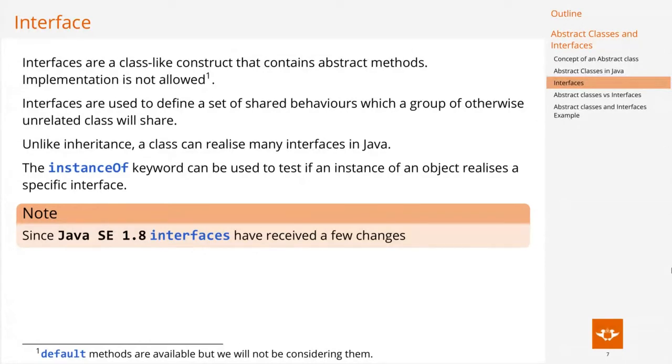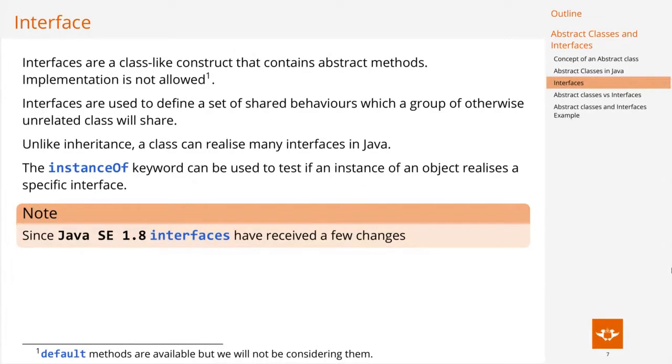So interfaces, you can have more than one. Parent class, you can only have one. Interfaces, you can realize, that's the word that we use when we talk about the inheritance relationship. It's realize multiple interfaces. So you inherit one parent class, but you can realize multiple interfaces.